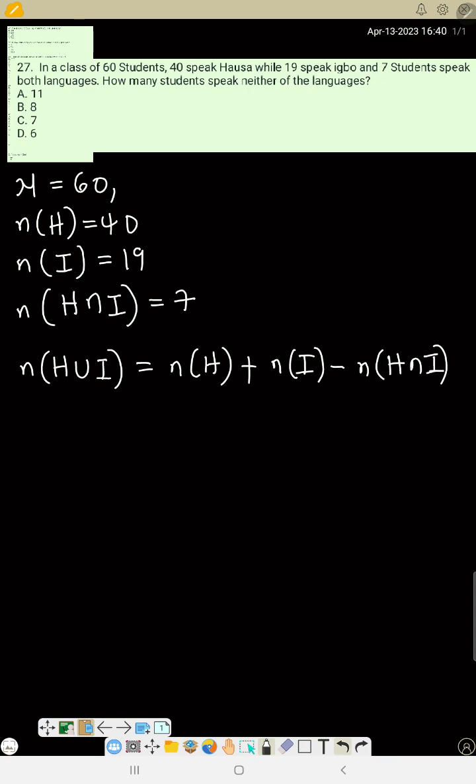So that is a general formula that you have if you want to find both. But now it is neither that we're asked to find. So you can say let the neither be x, so plus x there.